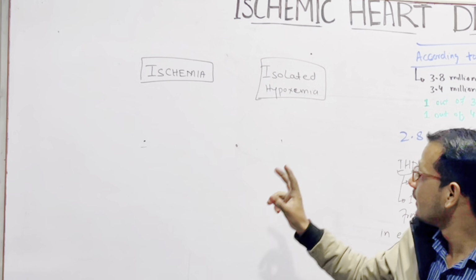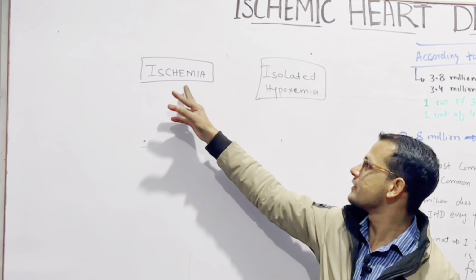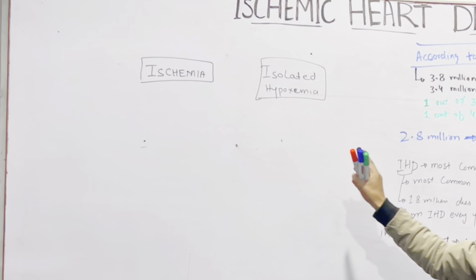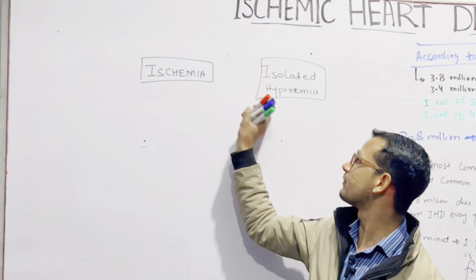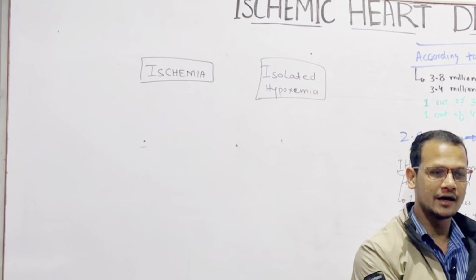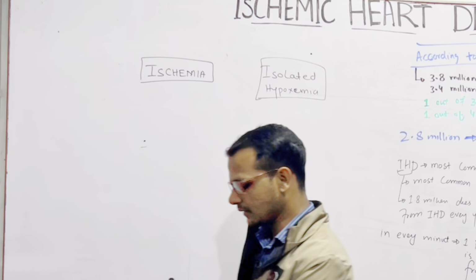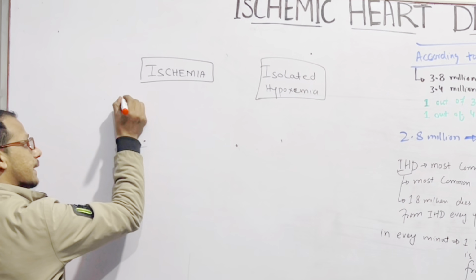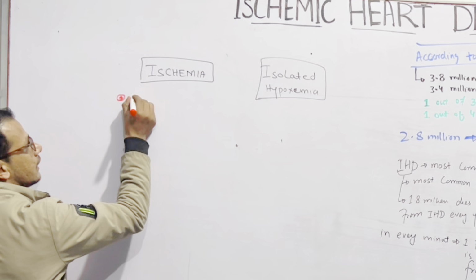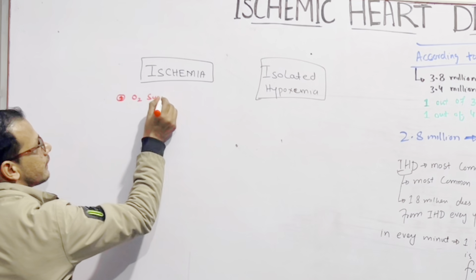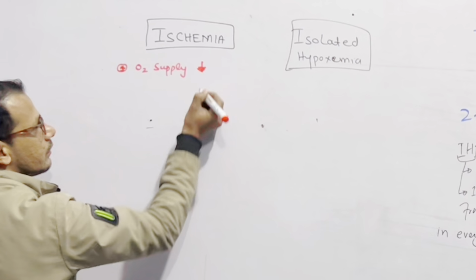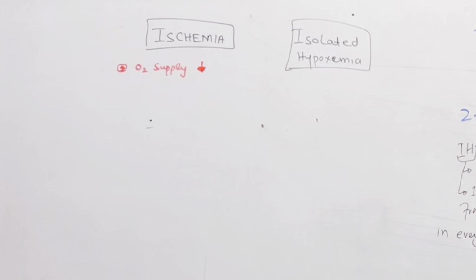Always remember 3 points. Good doctors memorize that ischemia and hypoxemia are the same thing, but excellent doctors know the actual difference between ischemia and hypoxemia. There are 3 points in ischemia. First, oxygen supply decreases to heart tissues or any other tissues of the body.